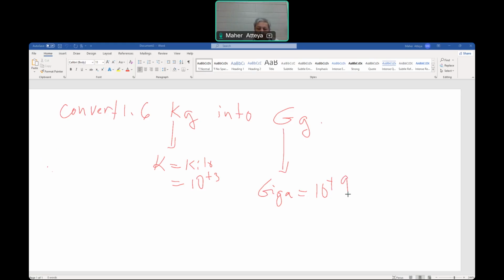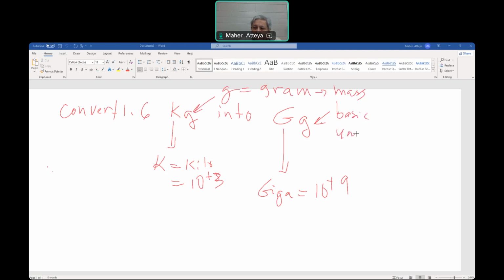So we are moving from 10 plus 3 to 10 plus 9. And g is the basic unit for grams, which is the basic unit for the mass.